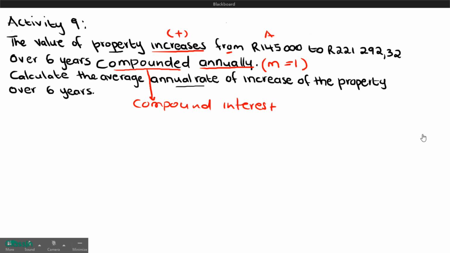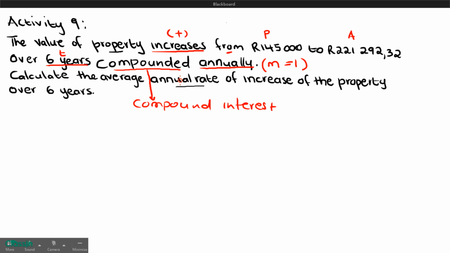Initially it was 145,000 and finally it is 221,292 and 32 cents over a period of 6 years, meaning that our T from the formula is going to be 6.